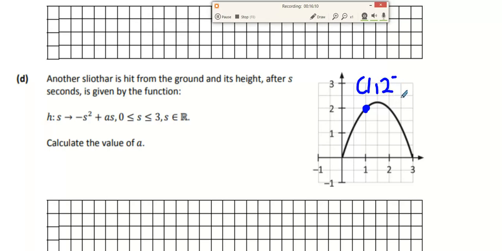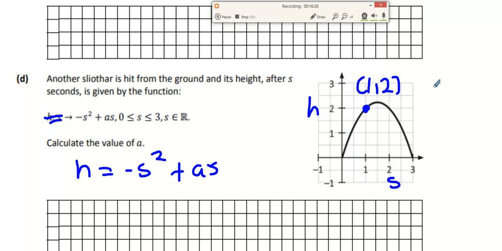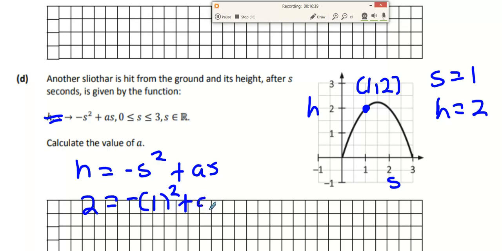Do you know what this means? It means the h value, don't mind the hs there, it's h equals minus s squared plus as. Now s is the x-axis and h is the y-axis. When the s value is 1, the h value is 2, would you all agree with that? So just plug it in. Replace h with 2 and replace s with 1 and see what happens to your a value.